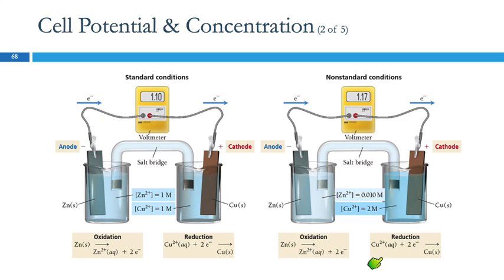And here, if we take the copper ion concentration from 1 and double it to 2, we increase the reactant, decrease the product, so it's going to want to go more. If we measure it, we see that this had a potential of 1.1. When we change the concentrations, the potential goes up. It becomes more spontaneous, 1.17.